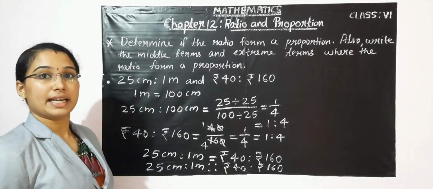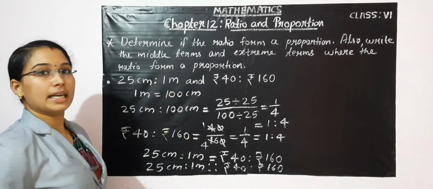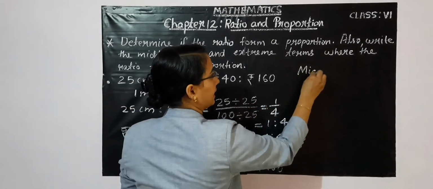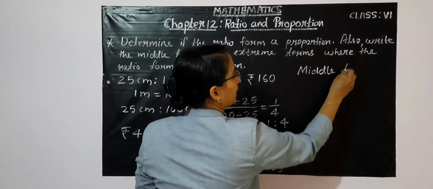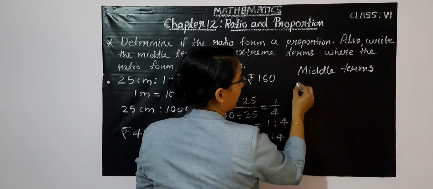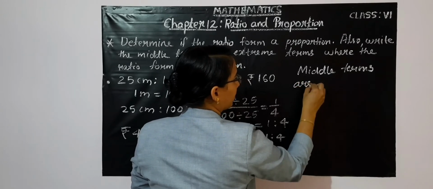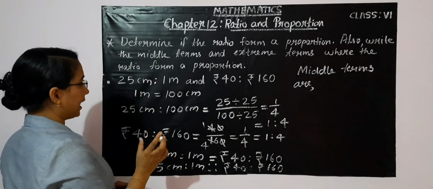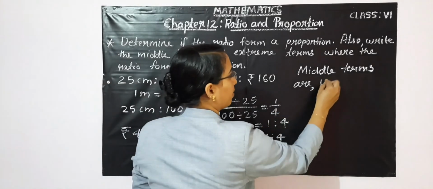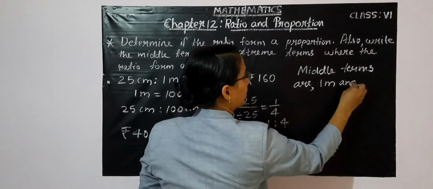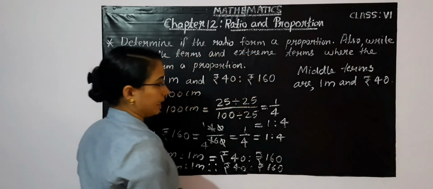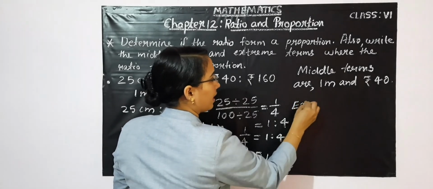Then next we can write the middle terms and the extreme terms. Here the middle terms. First we can write middle terms. Middle terms or means. Okay. Which are middle terms? Middle terms are here 1 meter and rupees 40. Okay. Then extreme terms.